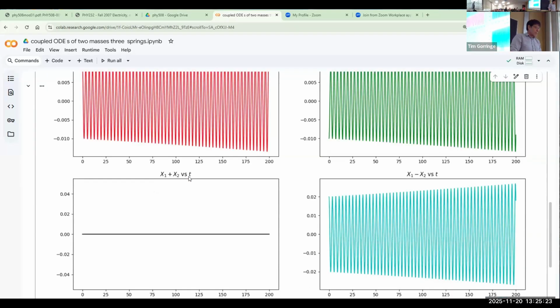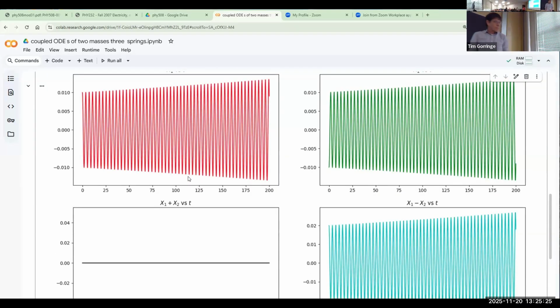And here's the result. This is the oscillation of the mass on the left, oscillation of the mass on the right. I don't know if you remember what the frequency looked like in the last plot, but this is a higher frequency, right? We see more oscillations, yes. Is it so easy?